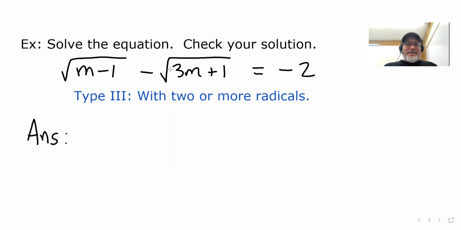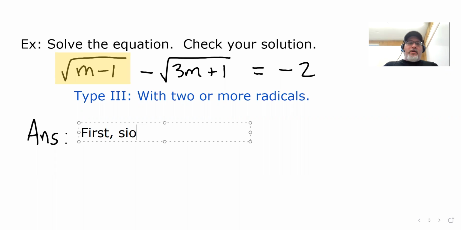Or do we want to isolate this square root by moving the other one to the other side and then dealing with the negative? Well, I'm going to choose to isolate the first square root because it's easy to isolate. All we have to do is add the second one to both sides. So let's begin. First, isolate one of the square roots.